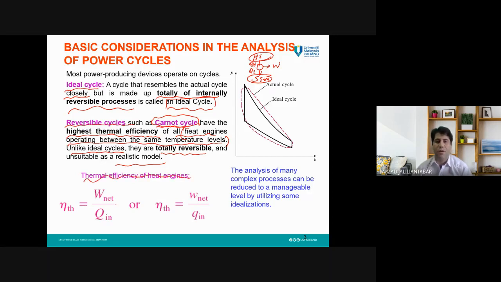And if you remember, we define thermal efficiency of a heat engine by this equation. Thermal efficiency of a heat engine is equal to W net divided by Q in.